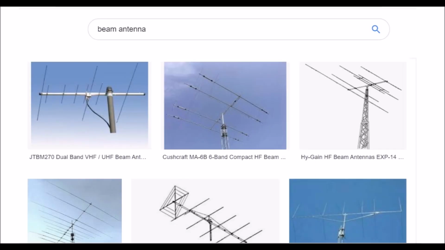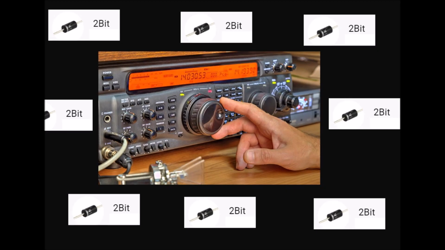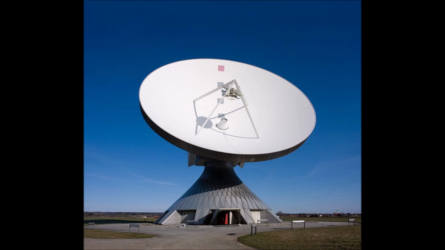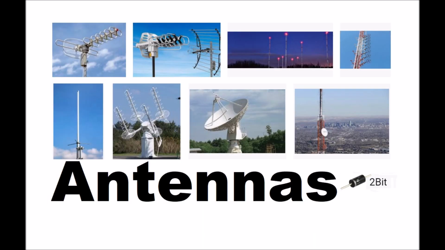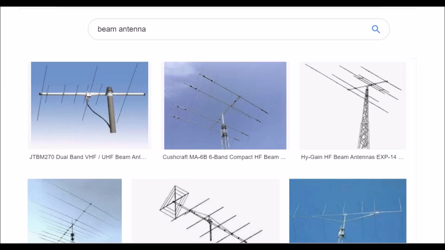An antenna may include components not connected to the transmitter, parabolic reflectors, horns, or parasitic elements, which serve to direct the radio waves into a beam or other desired radiation pattern.